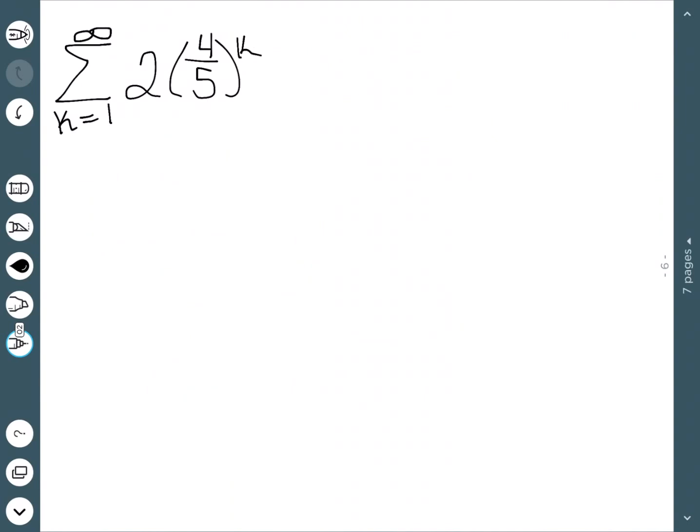Here I have it actually written in summation notation, but this is the sum from 1 to infinity of 2 times 4/5 to the k. So in this case, a is 2 and r is 4/5. So it does converge.